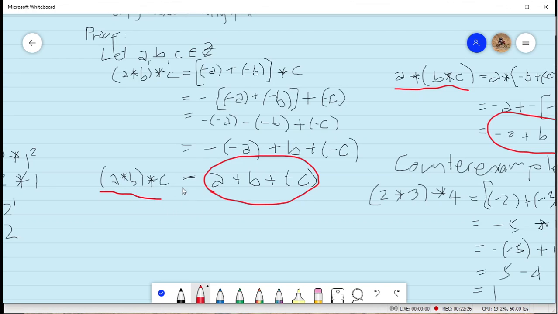Okay? Only if it did happen that these two expressions were the same. So this would be our proof. But then we failed to do so. So we have shown a counter example.